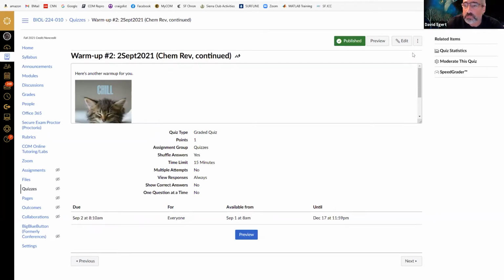So make sure not everybody got this completed. You always want to have the warm-ups completed before we start the class. The whole point is get them done, and then we're going to go over them. They're not worth that many points, but they are designed to give you a little kick to make sure you're keeping up with the material and reviewing the stuff we've already gone over, so you're not falling behind.